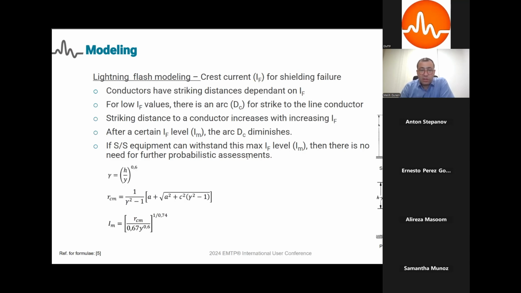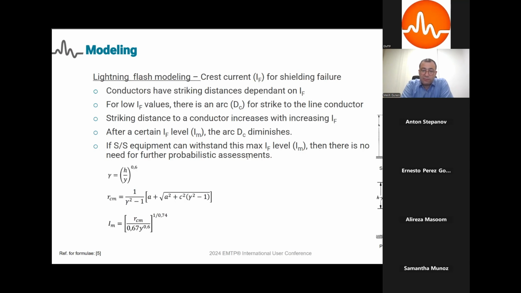Okay, and about the shielding failure. The shielding failure is about low levels of lightning currents. As you can see on the graph on the right side, the attractive radii or striking distances of conductors are related to the crest current of the lightning.